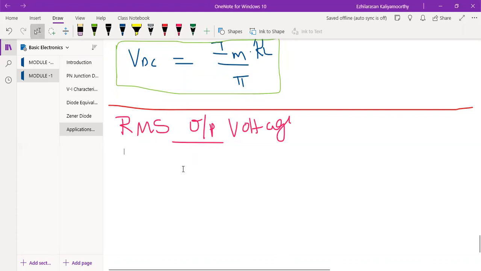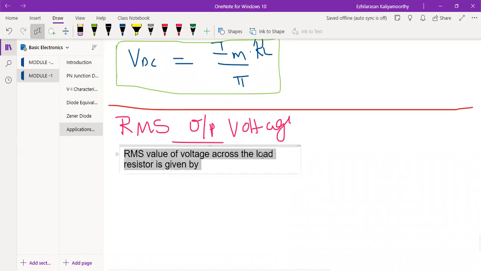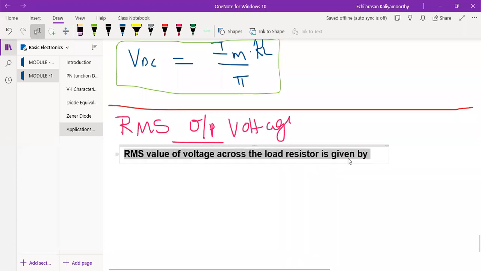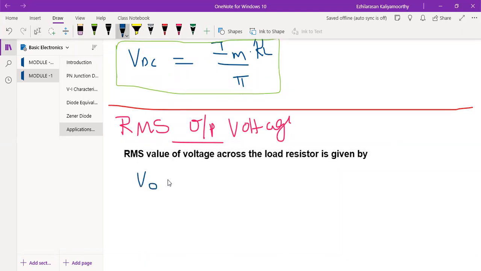The RMS value across the load resistor will be given by V naught is equal to I into RL. Now, what is I?